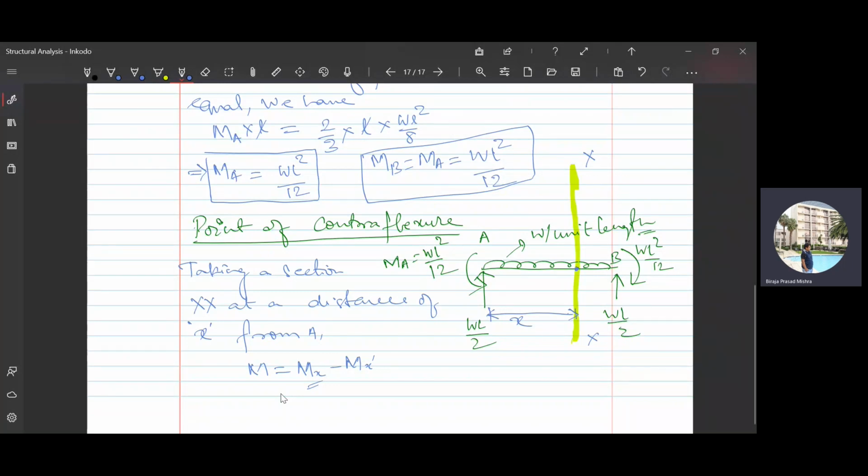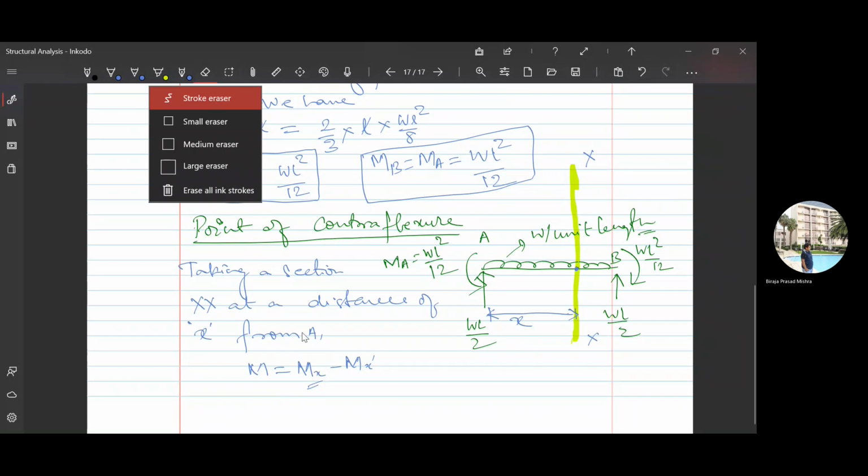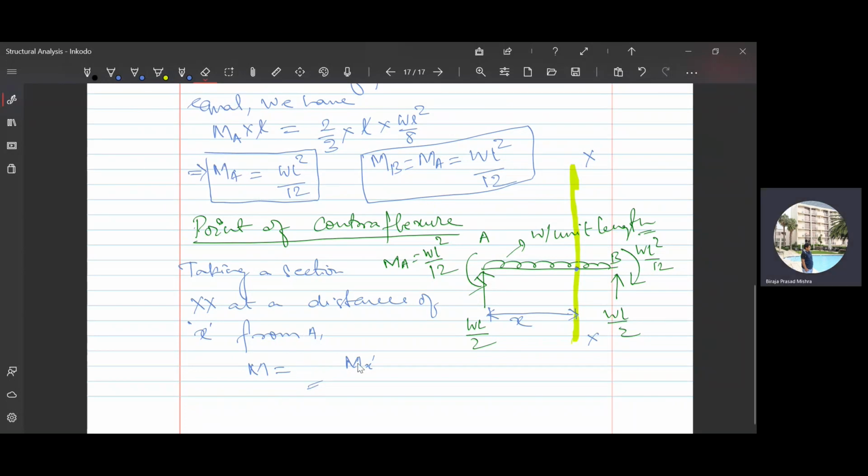Or can I write it like this? Can I calculate the moment at this section directly? Let us say that clockwise moment is positive and anti-clockwise moment is negative.